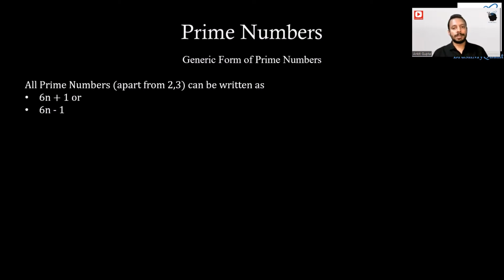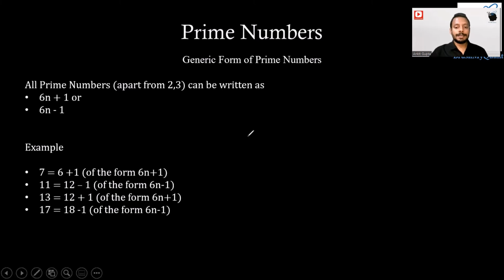So all prime numbers apart from 2 and 3 can be written in the form 6n plus 1 or 6n minus 1. Let's take some examples to understand this. Let's start with 7. 7 can be written as 6 plus 1, which is nothing but 6 into 1 plus 1, which is of the form 6n plus 1.